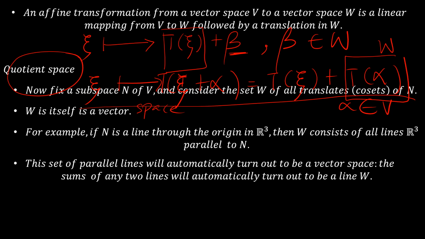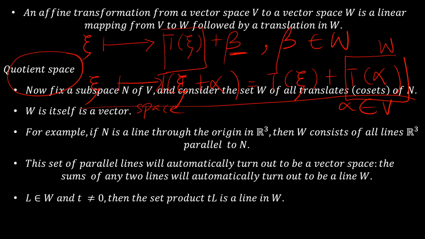The sum of all lines will automatically turn out to be a line in W. So assume that L is a member of this new space W and t is not equal to 0, then the set product tL is a line still in W.